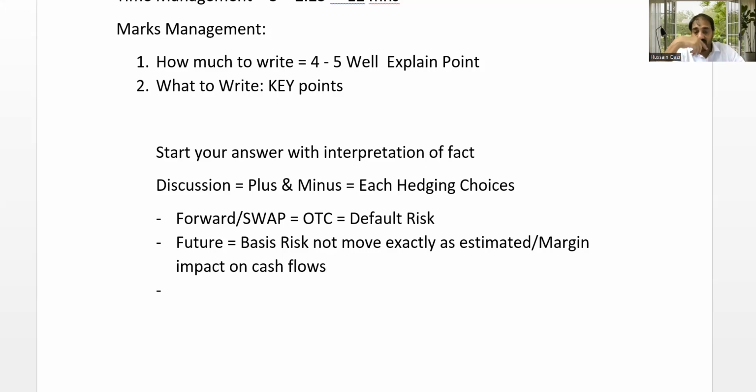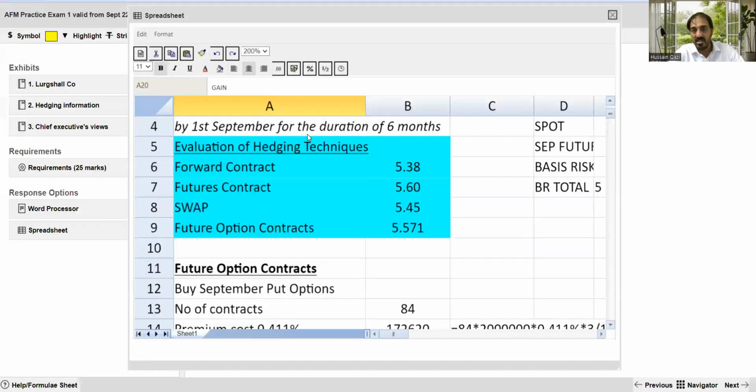That's the point. But here, for option, you cannot ignore it completely. We cannot kick out the option from the race or from the game. Cannot ignore 100%. Although it's the worst scenario, 5.571, highest borrowing cost.